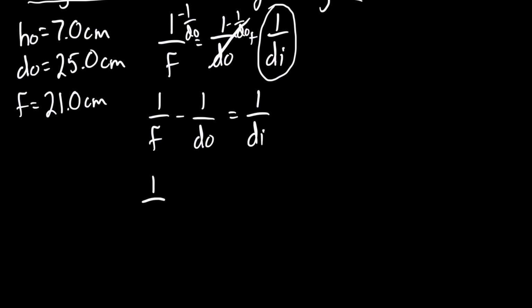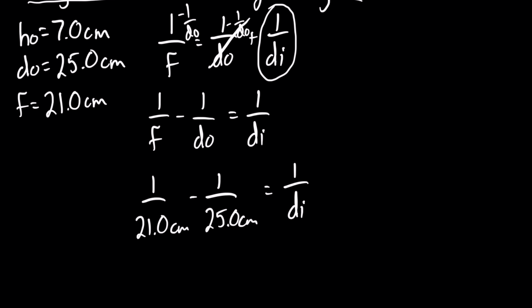We can just input our variables here. So we have 1 over 21.0 centimeters, subtract 1 over DO, which is 25 centimeters. That's going to equal 1 over DI.